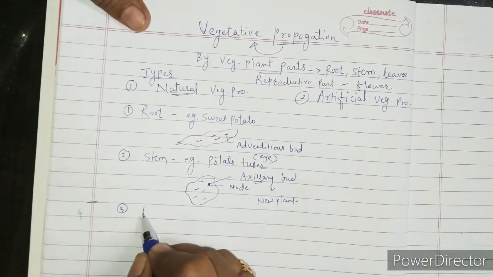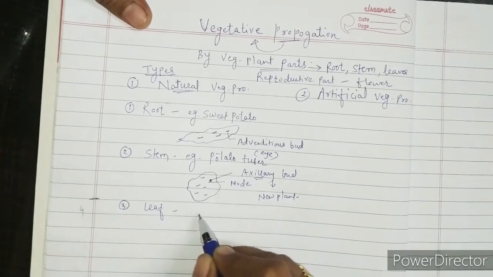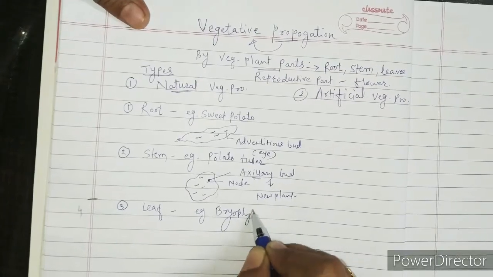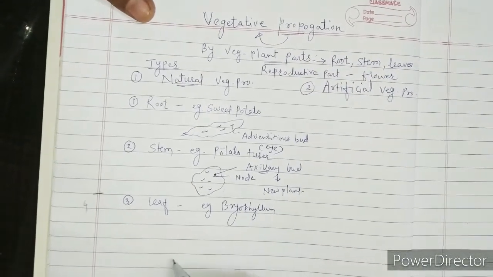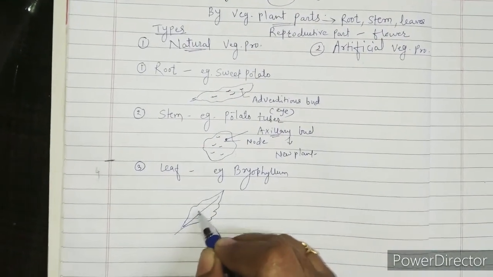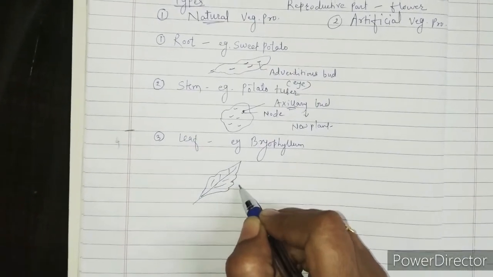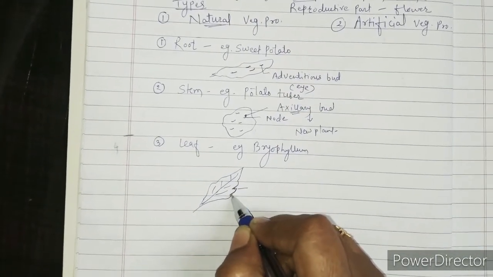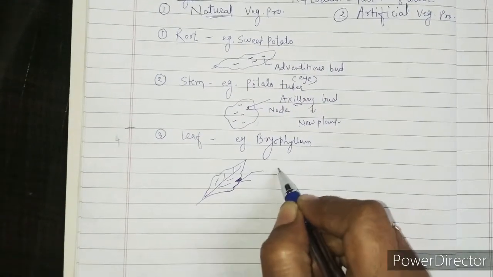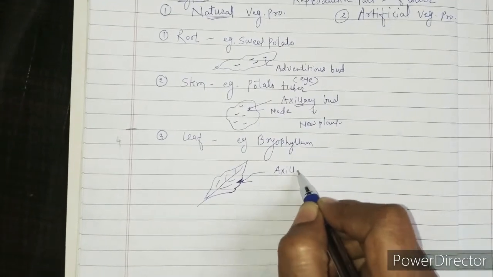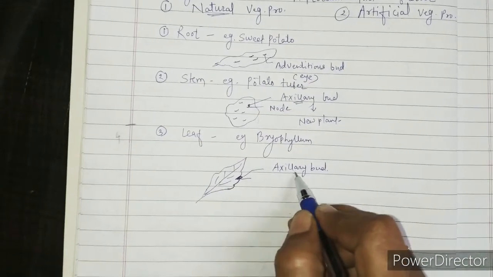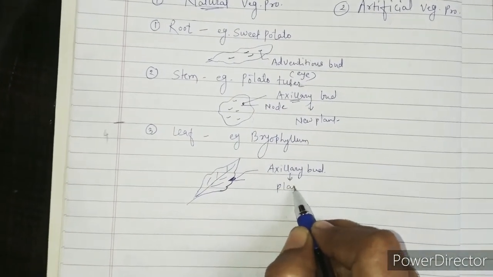Now the third one is leaf, and the well-known example is bryophyllum. Suppose this is the leaf of the bryophyllum. See here, the leaf margin shows a notch. This is a notch, so a notched margin is there, and in that notch there is an axillary bud, and this axillary bud produces small plantlets.